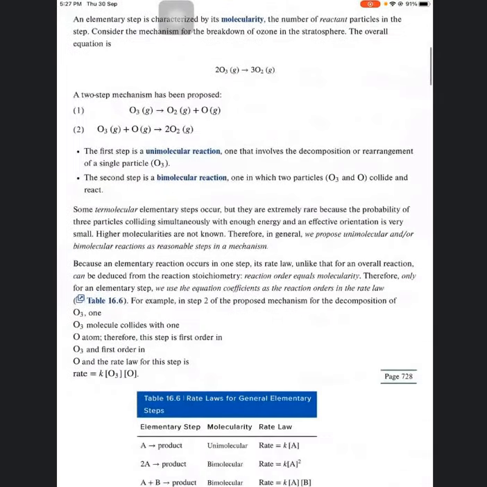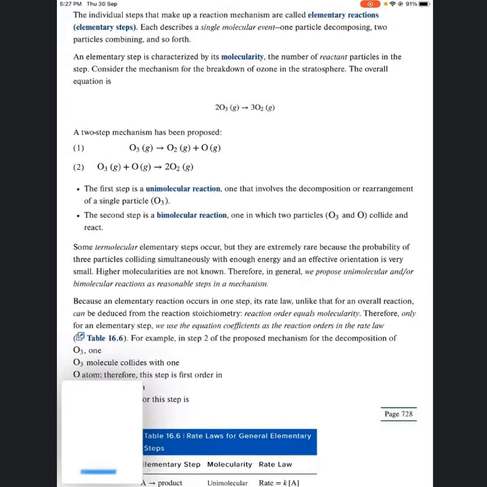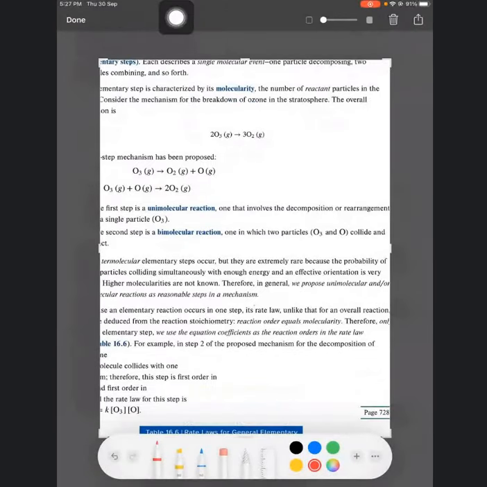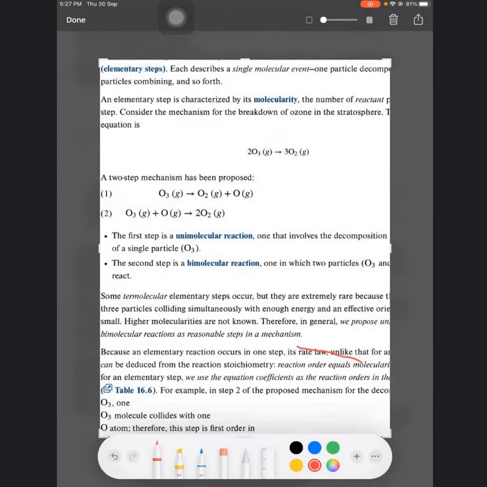Boleh madam. Okay. I think maybe kita boleh tengok satu lagi kat sini. Okay. So kita ada 2O3 dan juga producing 3O2. Okay. So if I ask you, ada berapa elementary step dalam kita punya proposed mechanism? 2.